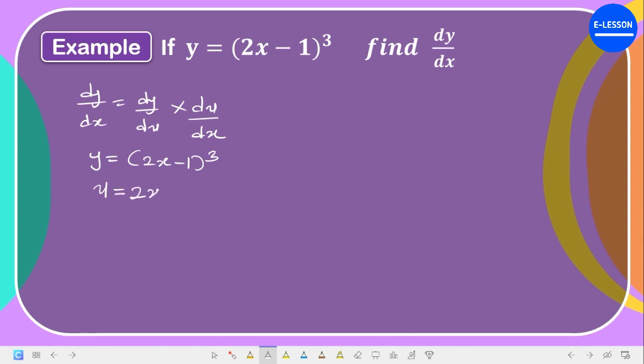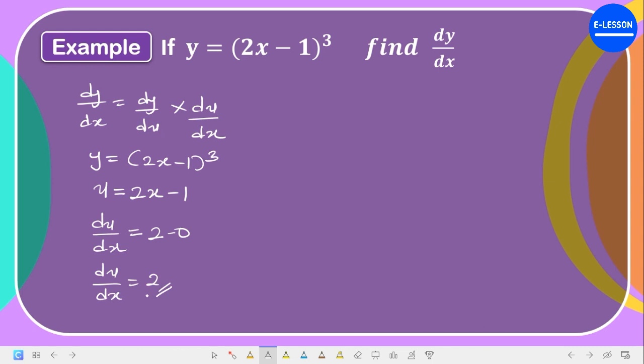This gives us u is 2x minus 1. So du/dx will be equal to, differentiating 2x, 2. Then this minus 1 will give us 0. Whenever you differentiate a constant, it gives you 0. So du/dx will be 2 minus 0, which is 2.